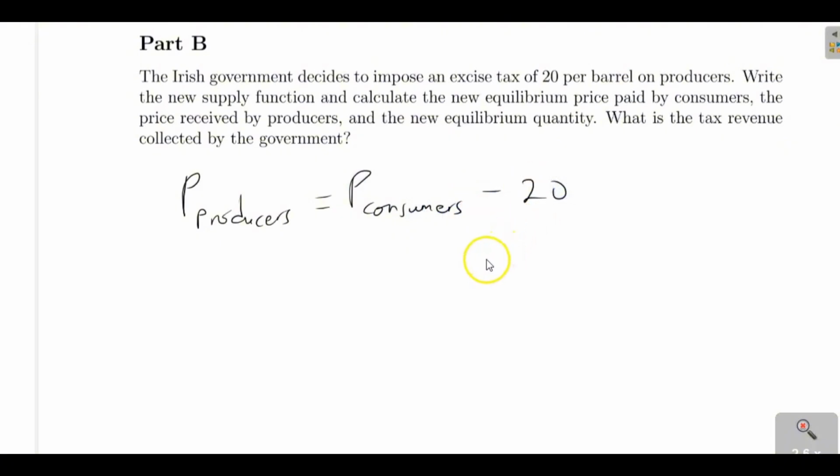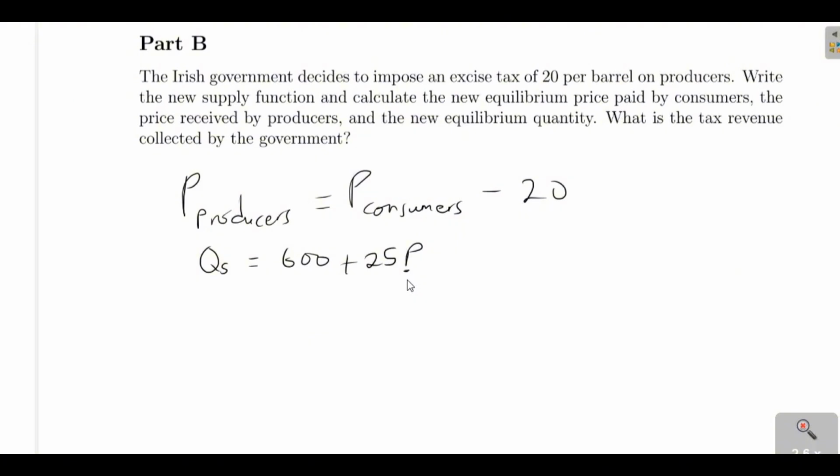And of course, since this is imposed on the producers, their supply function is going to shift. We know that the original supply function was given as 600 plus 25p. Now, P here is the price received by the producers.